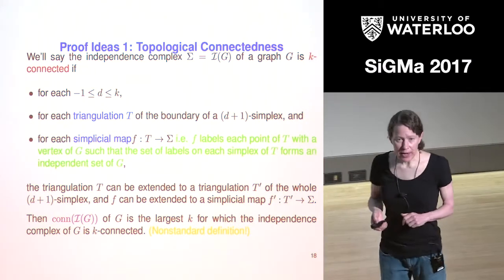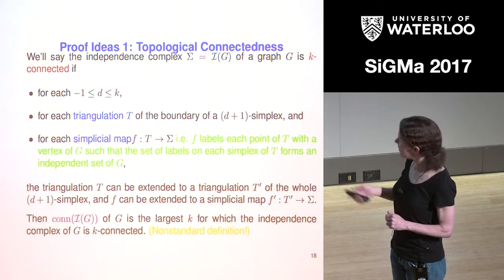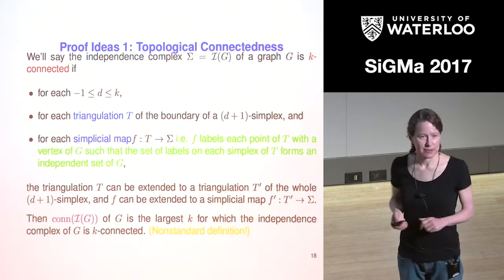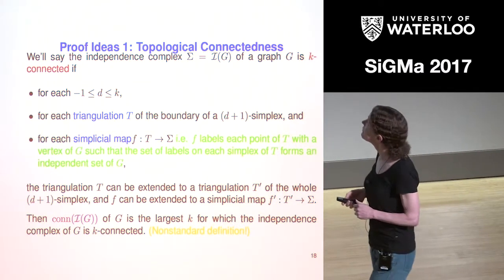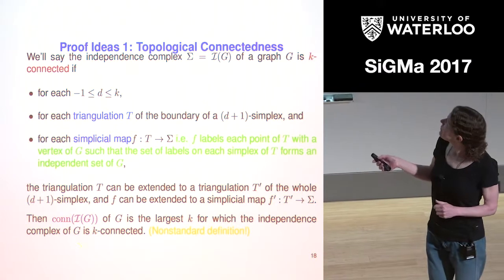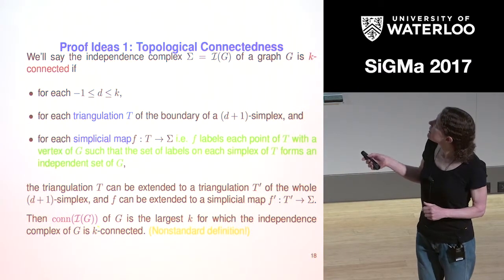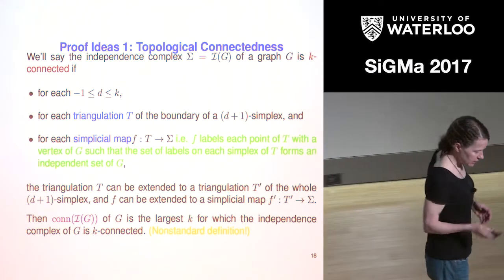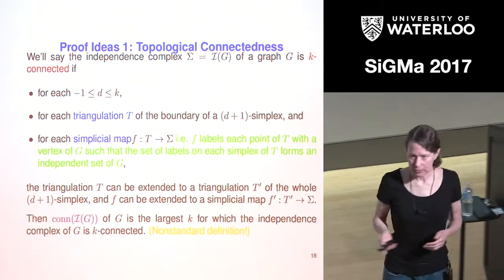Whenever you can do that for every d at most k, you say that the independence complex of this graph is k-connected. It's a rather complicated definition. I'll associate some parameter, which I'll write like this, the connectedness of the independence complex. And if you don't want to read that, just remember this is some parameter of graphs.